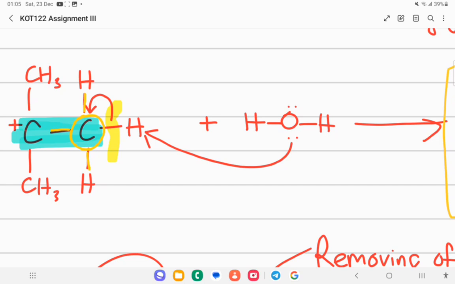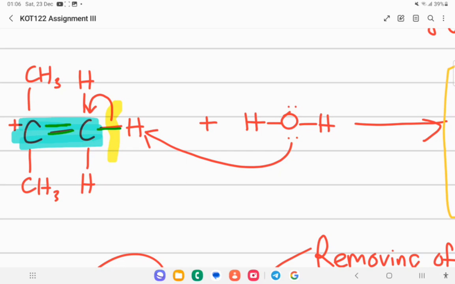Before the hydrogen was taken by the oxygen atom, it was sp3, so now it is sp2, so it is also considered a carbocation. And then the bonding will go from this side to here, and from here it already has one existing bond, and now it becomes a double bond.